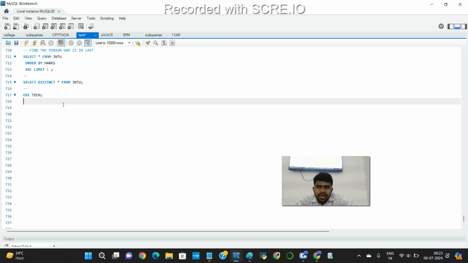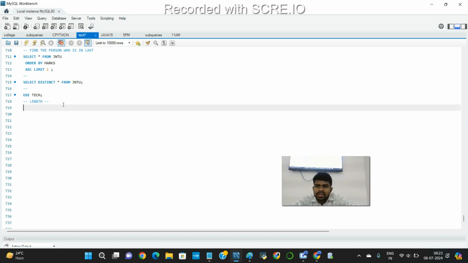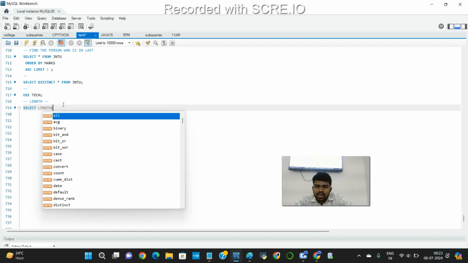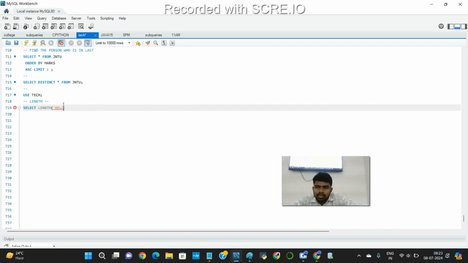Now let's use the length function on strings. The length function is used to find the length of the string. For example, select length of hello as length. Let's give an alias.